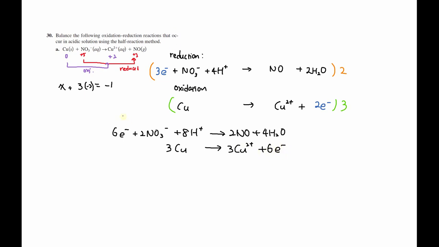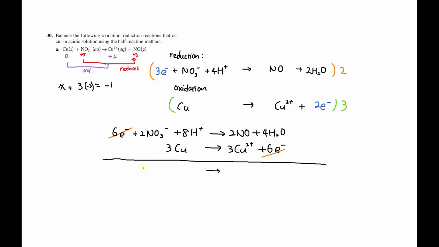Now you see that 6 electrons can be cancelled out just like mathematical equations, and there's nothing else that can cancel diagonally, so all we have to do is just add them up. So treat the arrow sign as if it's an equal sign in math, and also write down the state of each molecule.